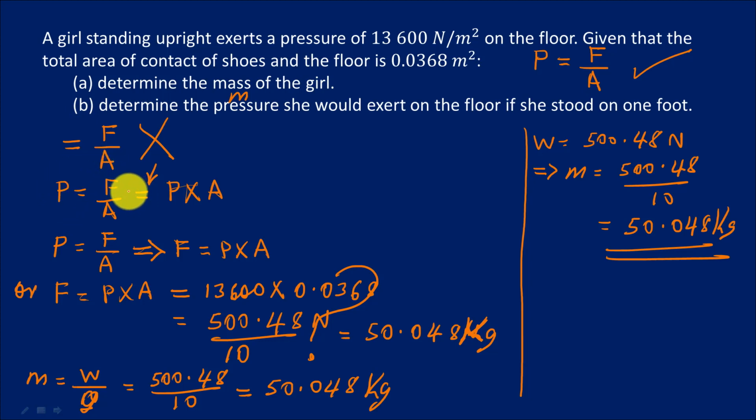And then when you want to continue, when you want to rearrange the formula, because this one is just about rearranging the formula, you wanted to make force the subject of the expression. So we have already looked at that, but now you have just done it in your mind, and it told us that, okay, force is equal to pressure times area, which is correct. But when you divide by area, it brings in a lot of confusion. Now your statement will not make sense at all.